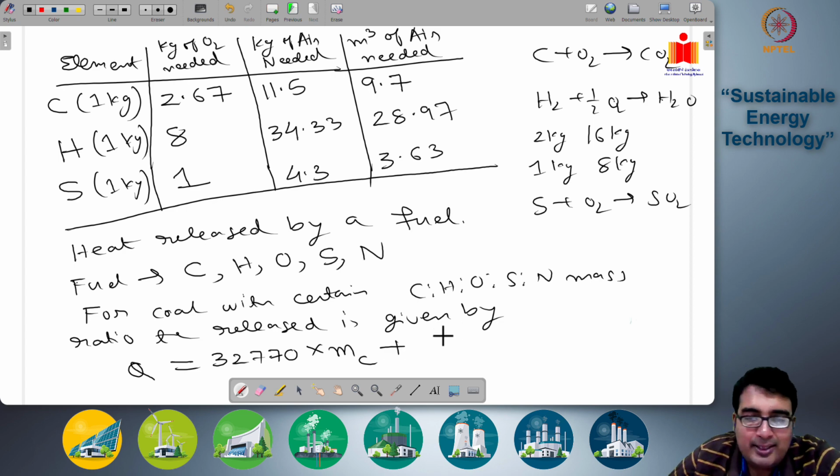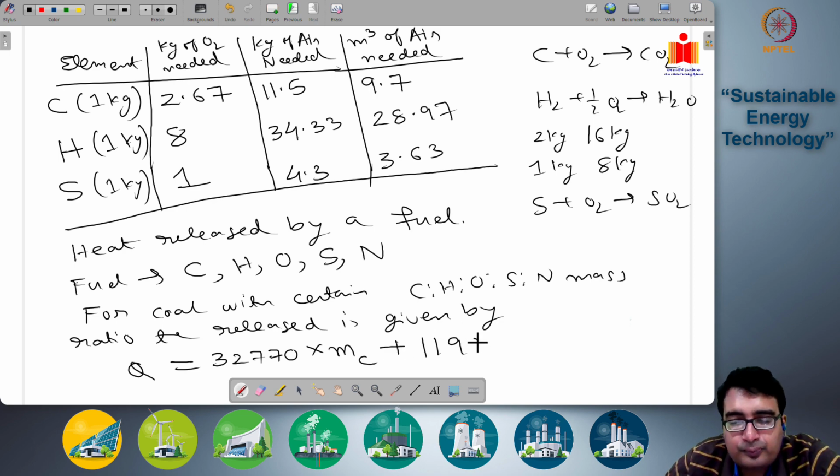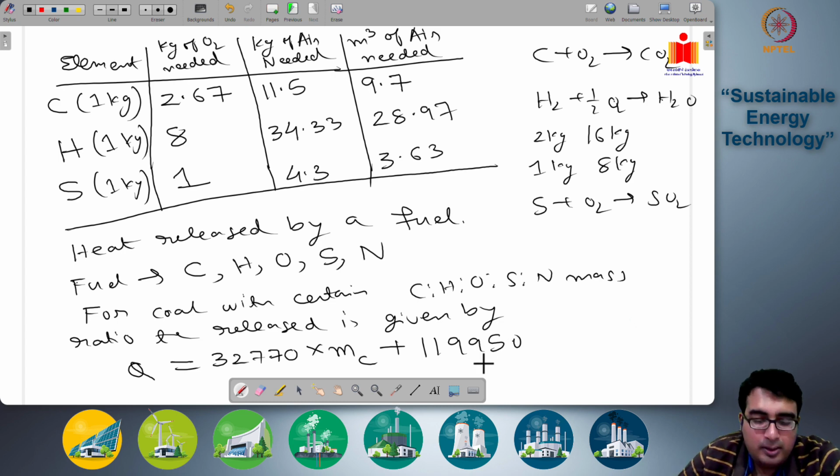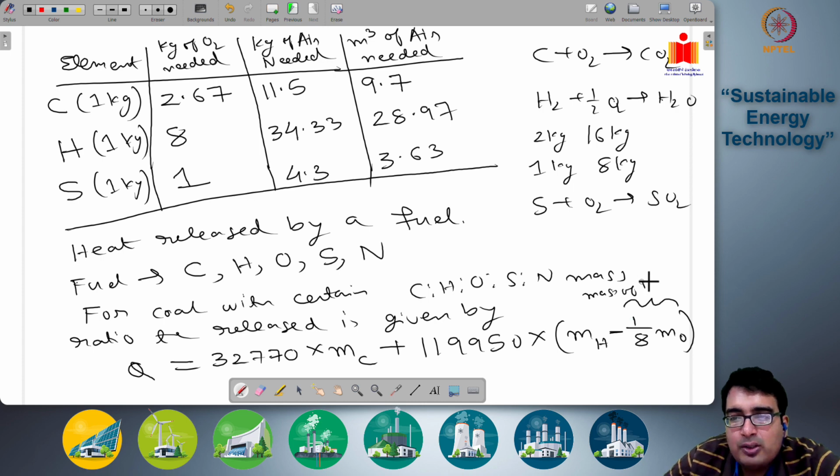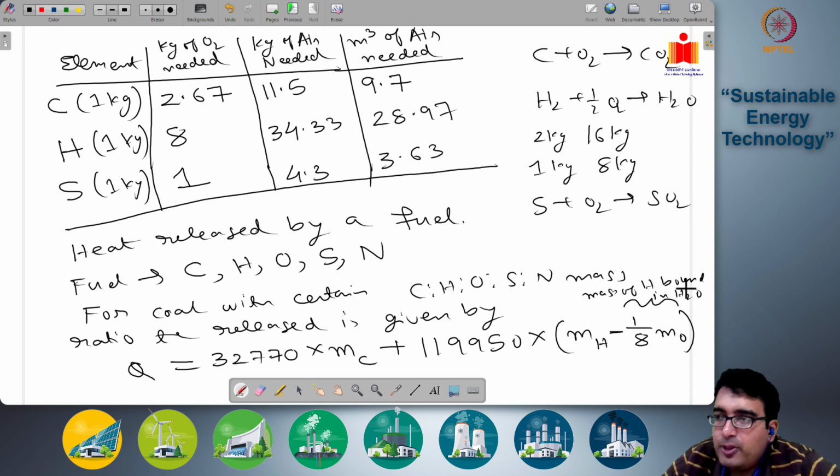So based on that analysis, we can say this is the heat released by burning 1 kg of hydrogen that is unbound to water, the mass of hydrogen minus 1/8 of the mass of oxygen. So this is the mass of H bound in H2O.